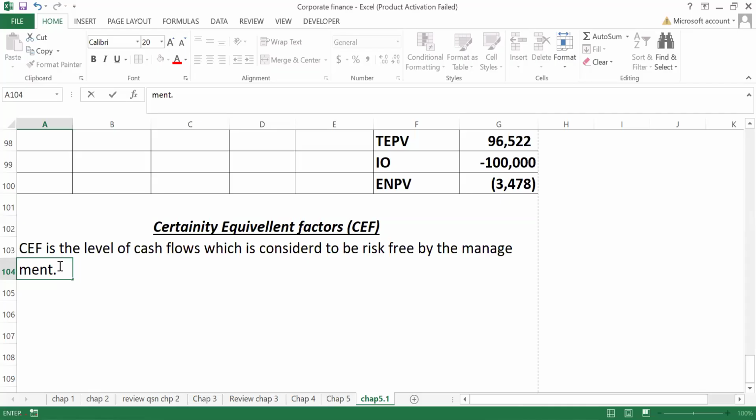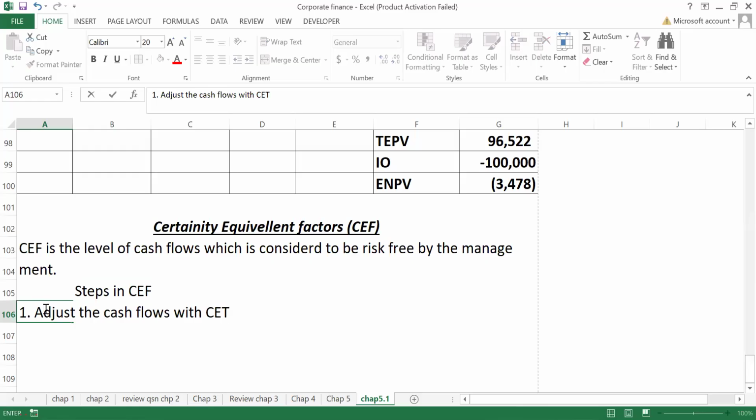So what are the steps in a certainty equivalent factor? Step number 1, adjust the cash flows with the certainty equivalent factor to get free cash flows.